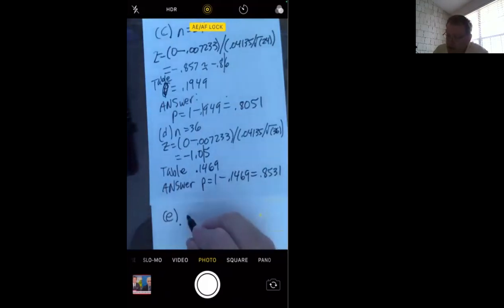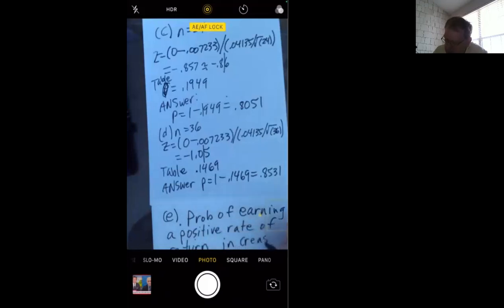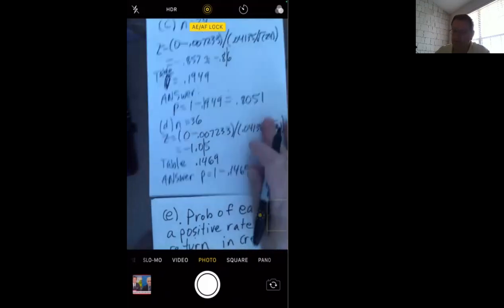Yes, your probability of earning a positive rate of return increases as time horizon increases.